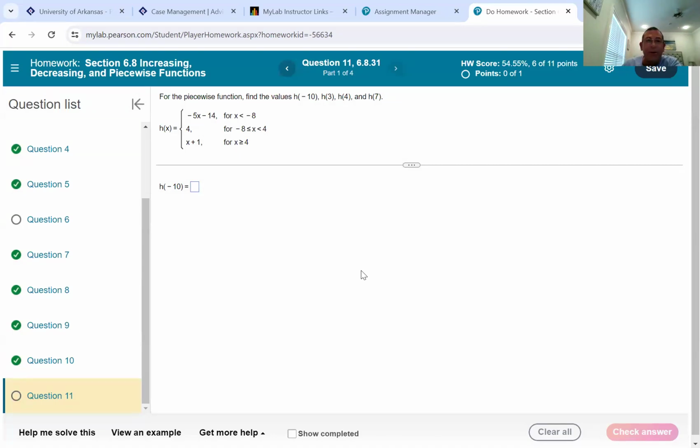Woo, big equation, y'all. Look here, h of x is 3 equations. It's -5x minus 14, and I'm going to use that for any x that is less than -8. It equals 4 for x from -8, less than or equal to x, less than 4. And then it equals x plus 1 for any x that is greater than or equal to 4.